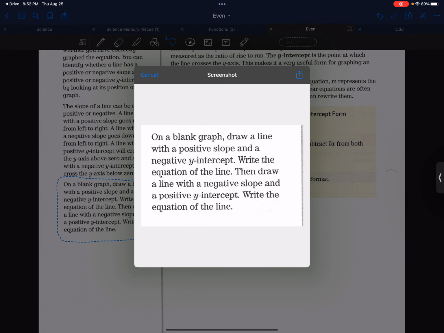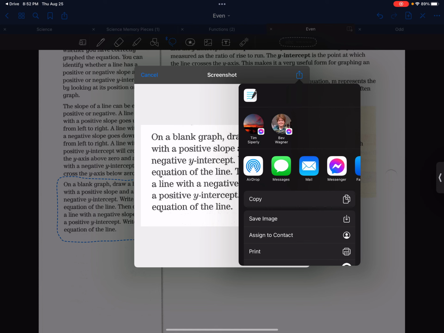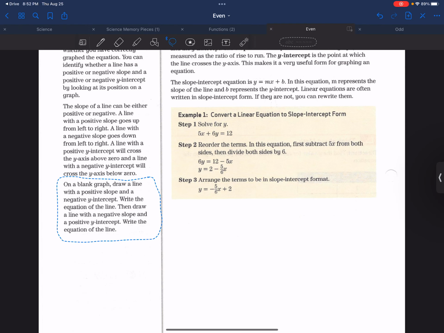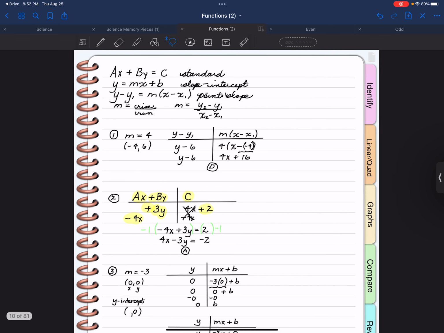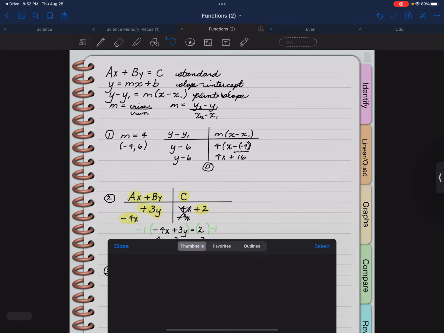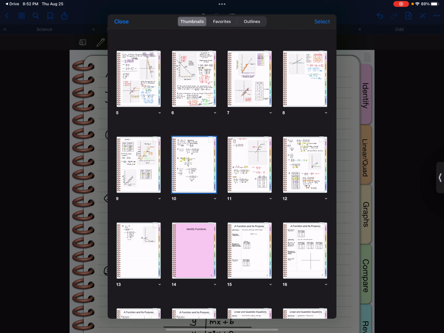So let me just take a screenshot of that so I don't have to keep flipping back and forth. And let me go back to the notebook where I am doing these problems and see if I have a blank page. I really need a graph sheet.